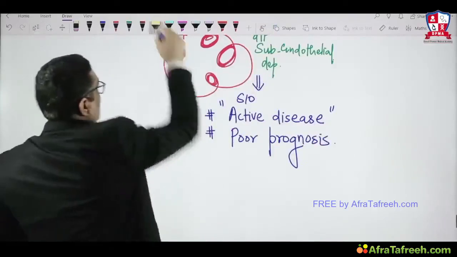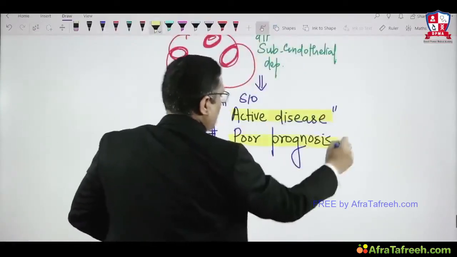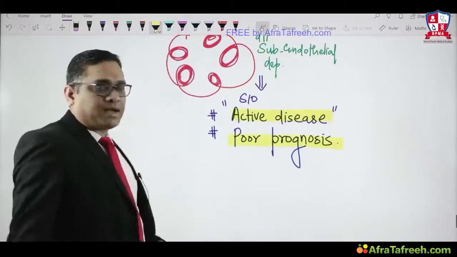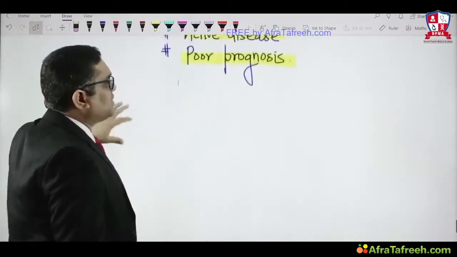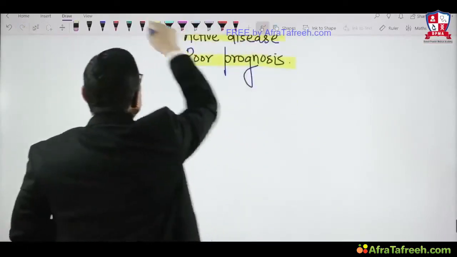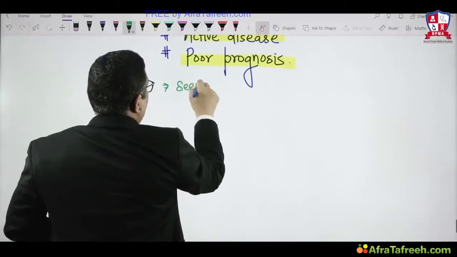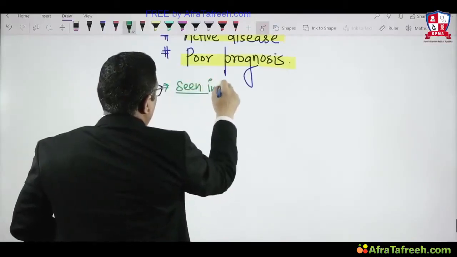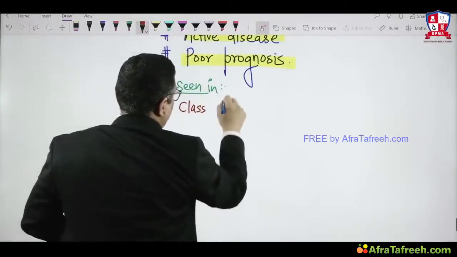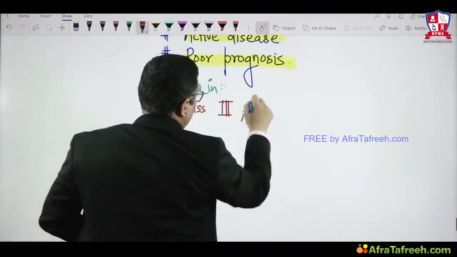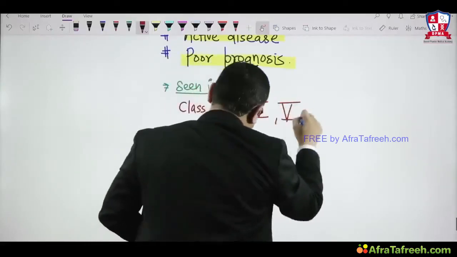That was the question in the All India exam: wire loop lesion is suggestive of active disease, poor prognosis, or both of the above. Where will you see the wire loop lesion? That was the question in the All India exam and the PGI exam also. It will be seen in class 3, class 4, and class 5 also.